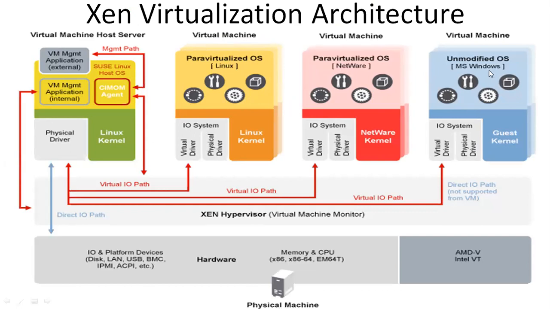Another one is an unmodified operating system, that is Microsoft Windows. These three are called virtual machines. Here there is the Xen hypervisor. The Xen hypervisor is also called the virtual machine monitor. On top of the hardware, you have the hypervisor. What is this hypervisor here? Virtual machine monitor.